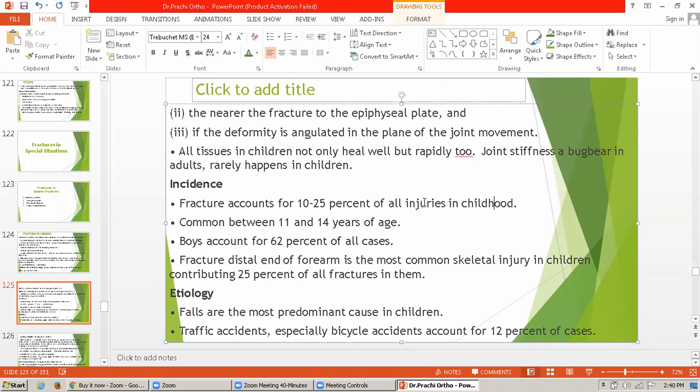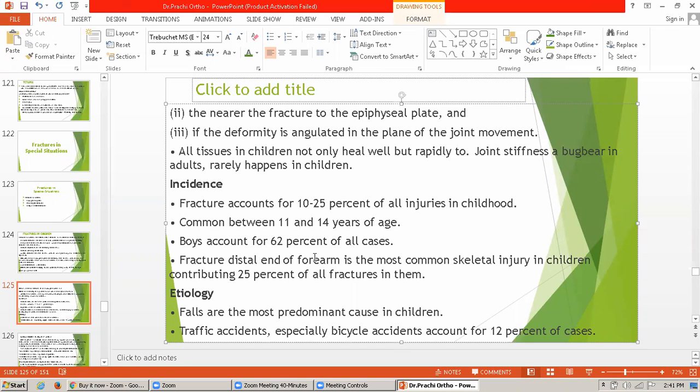Incidence shows that fractures account for about 10 to 25% of all injuries in children and are common between 10 and 14 years of age.